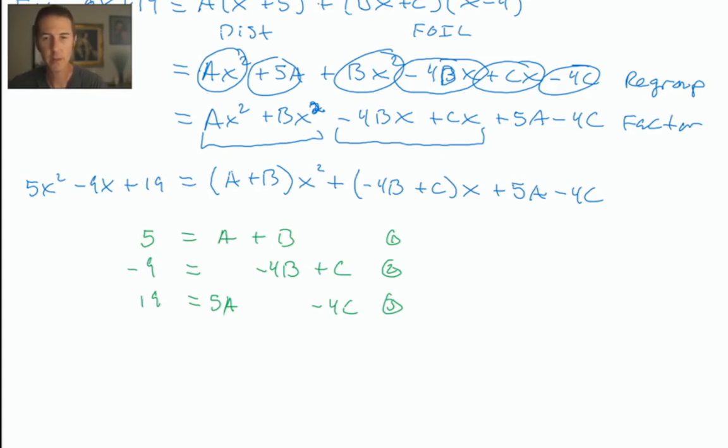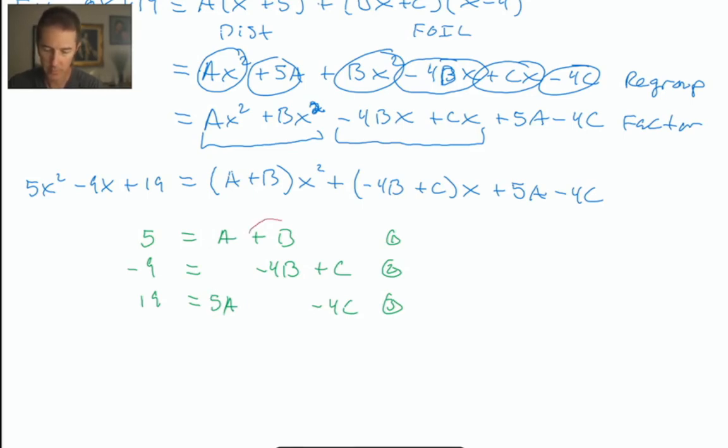The next guide that I use to help me choose which variable to eliminate is to pick one that has a coefficient of 1 because it's easily modified. For example, I could take this a right here and multiply it by negative 5 so that it becomes a negative 5a, so that when I add it to this positive 5a, they cancel out.